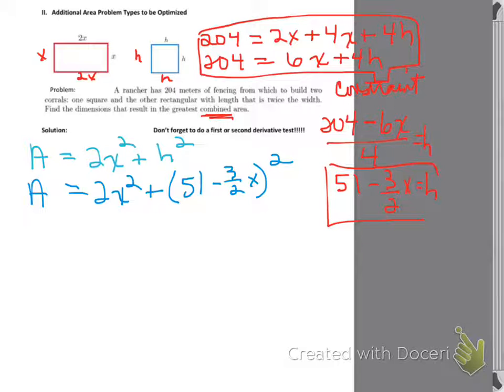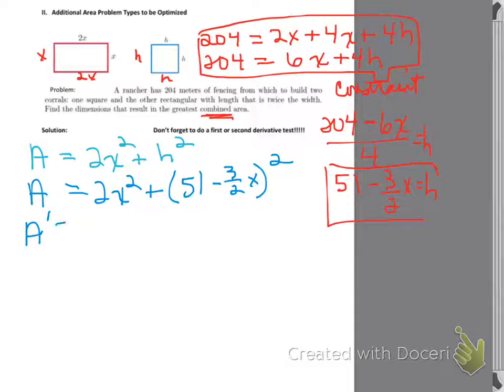Okay, so let's think about this. Do I really have to square it? And the answer is no, because I know the chain rule. So let's go ahead and without squaring that, which just makes for more math and more potential mistakes, let's take the first derivative because our job is to maximize the area.